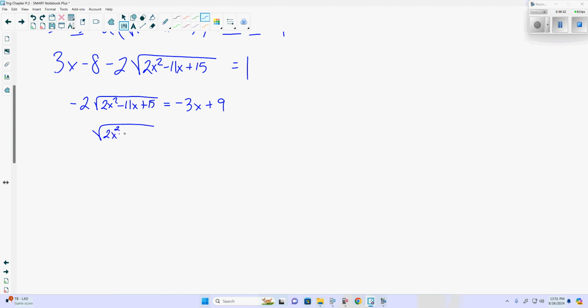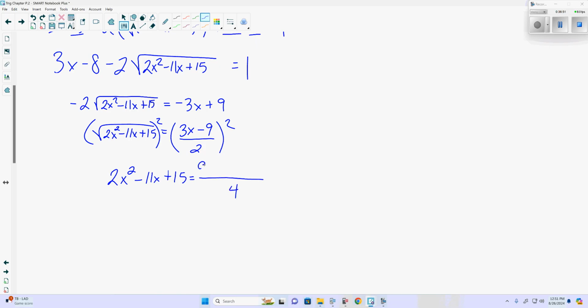divide by negative 2, squared again. 2x squared minus 11x plus 15 is equal to, and it just gets bigger and bigger.